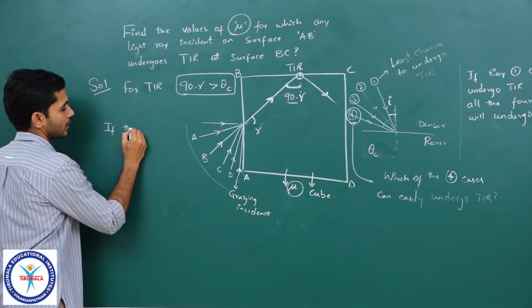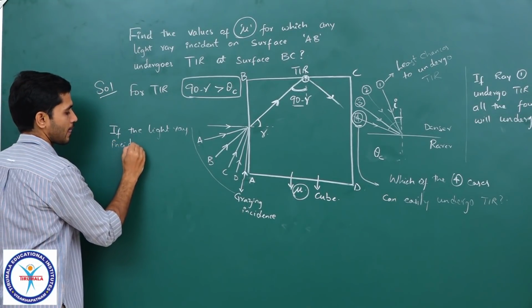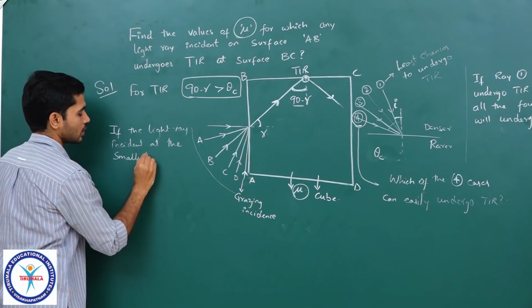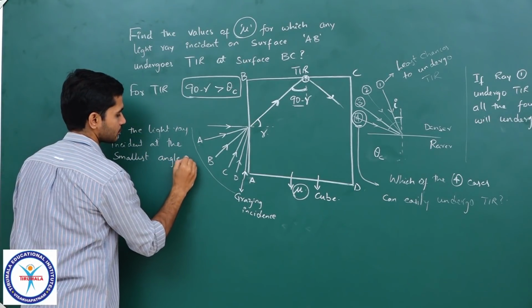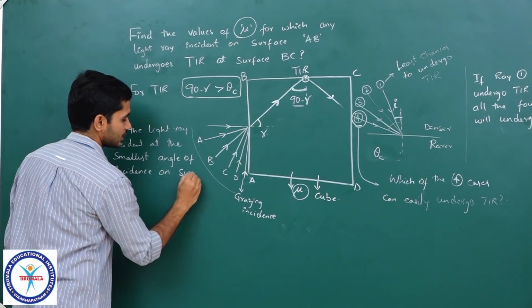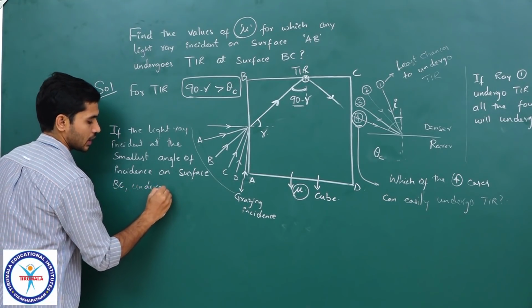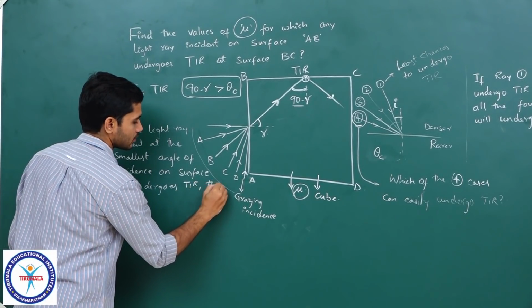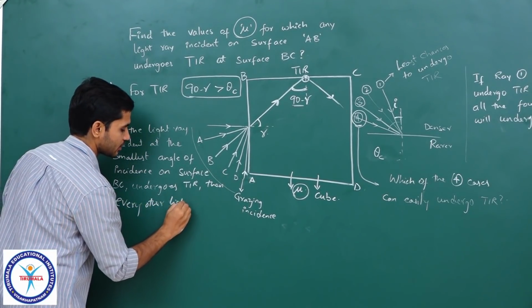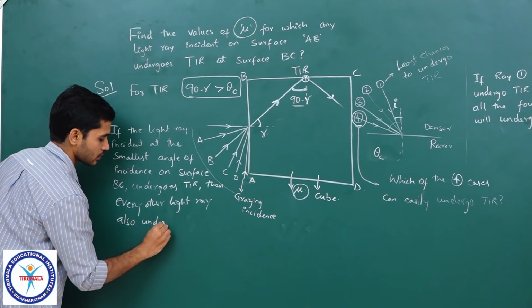If the light ray incident at the smallest angle of incidence on surface BC undergoes TIR, then every other light ray also undergoes TIR.